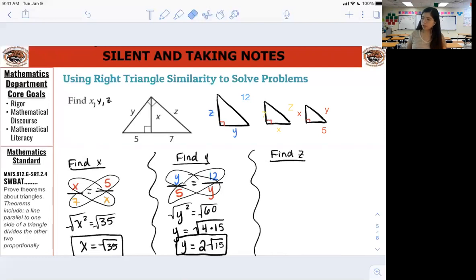And time. Okay. So finding z, which two triangles am I comparing now? Grande and tall. We're looking for z. No, I missed.